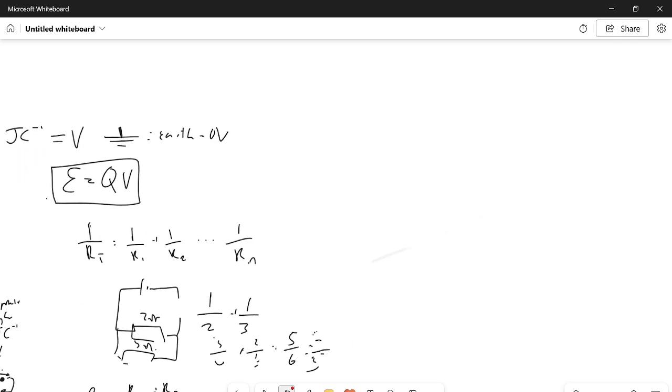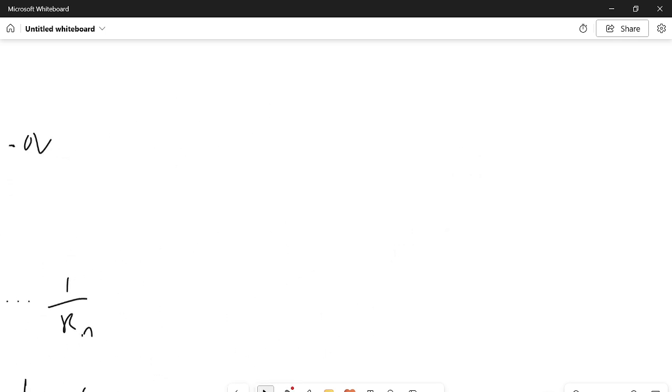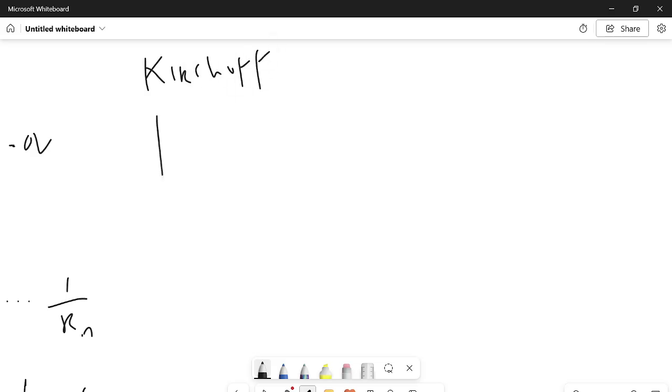Well, there are more rules if you want to calculate current, and they were invented by a man called Kirchhoff. Here they are. Oh, that's massive. Okay. Kirchhoff's, that just means Kirchhoff's current law.